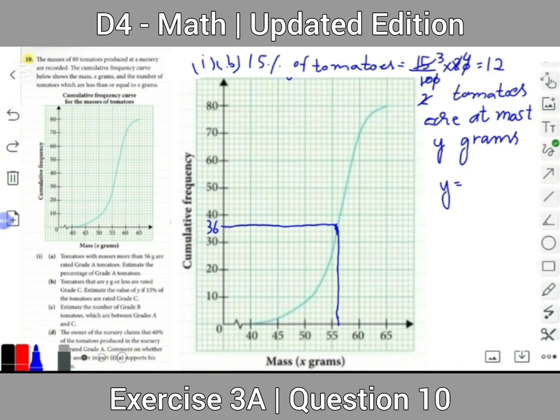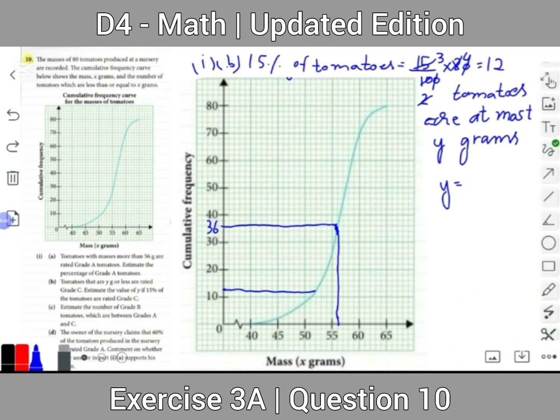From the vertical axis, we will draw a horizontal line until it intersects the curve.